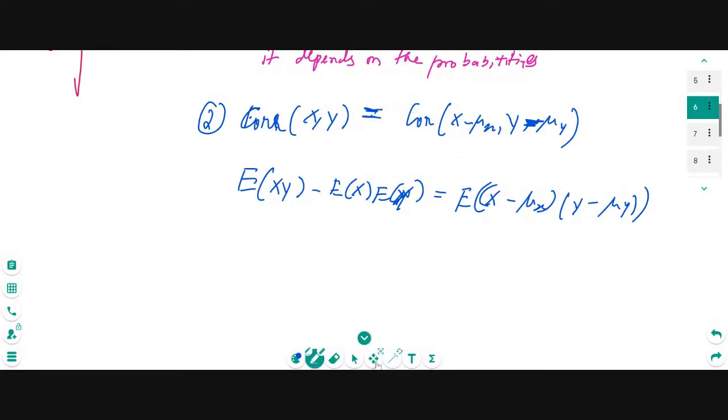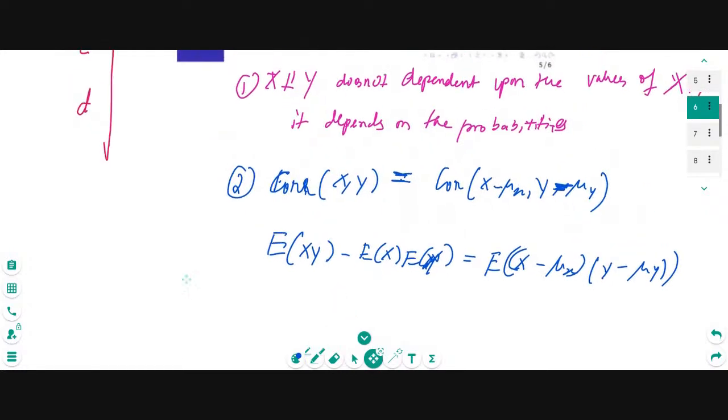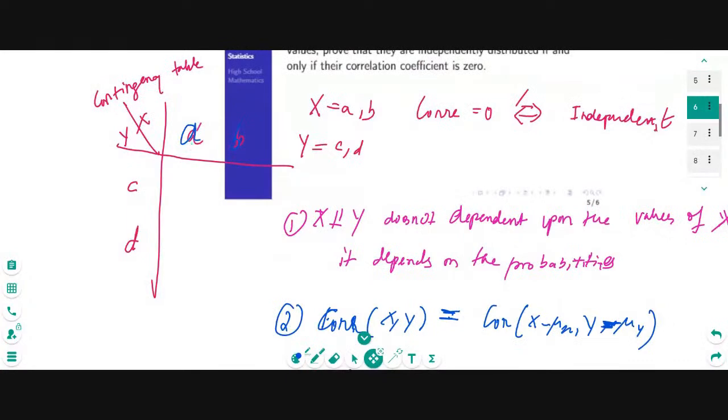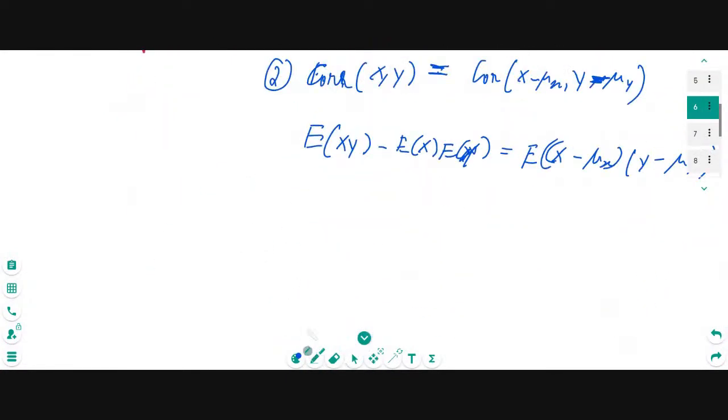So what we will do is change A comma B. We'll change A to A minus (A plus B) by 2, and B to B minus (A plus B) by 2. Can you take it to be A and minus A?